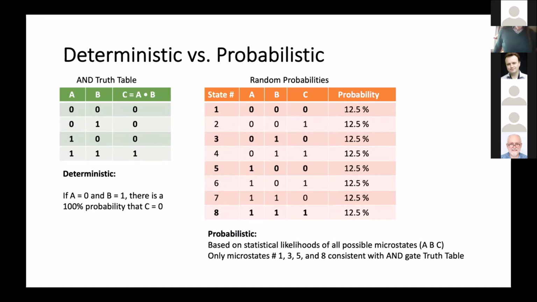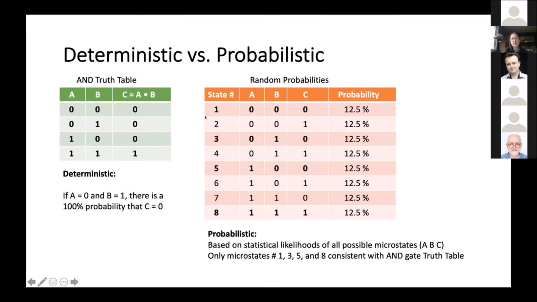So getting back to deterministic behavior, when we think of a logic gate and a truth table, we think if we have inputs A and B, that the output C is 100% going to be 0 if we know that the input A is 0 and B is equal to 1.